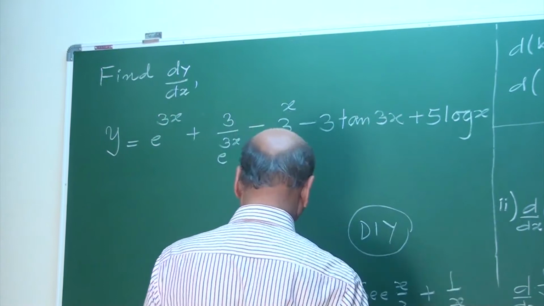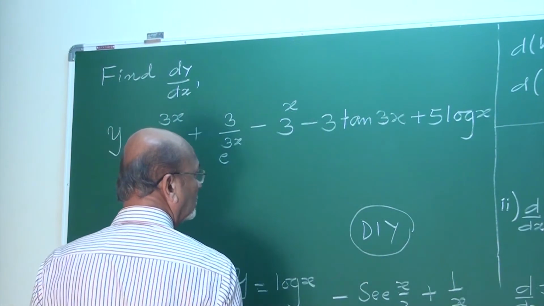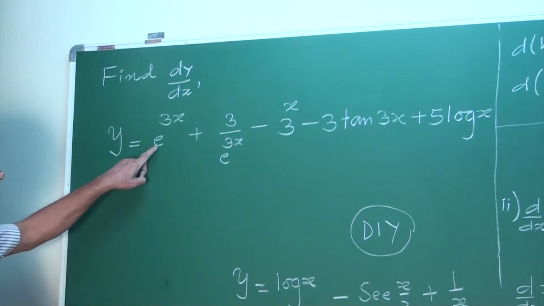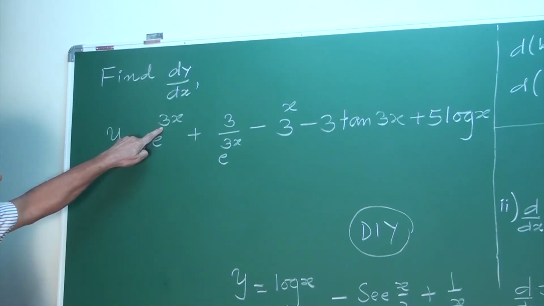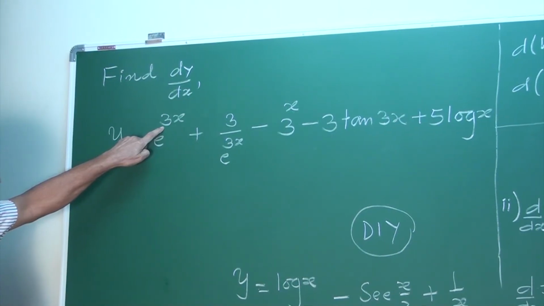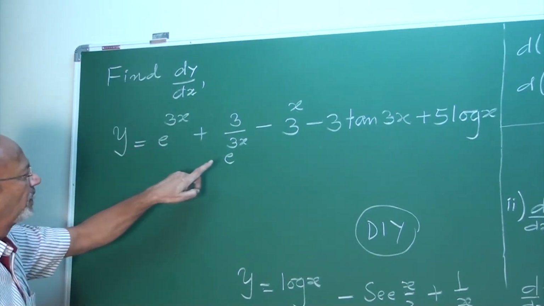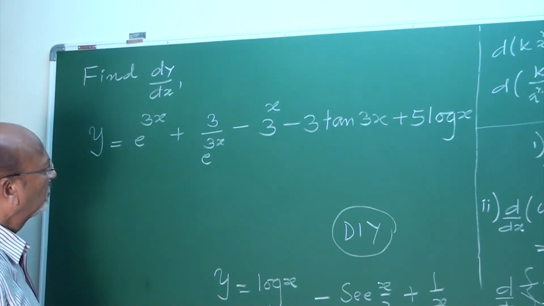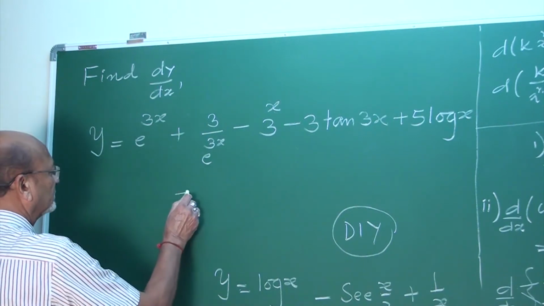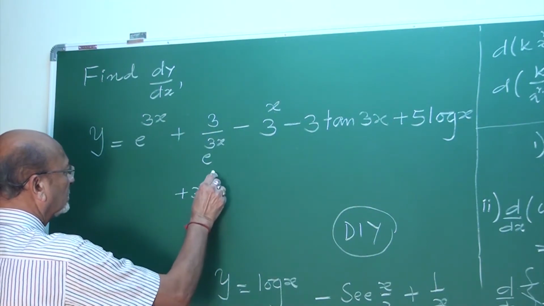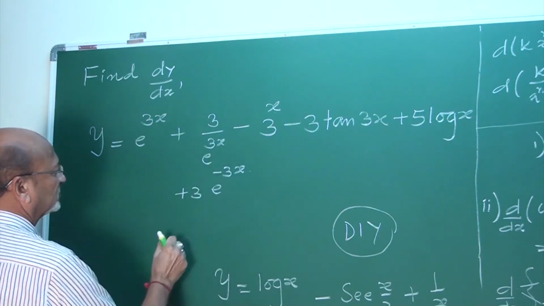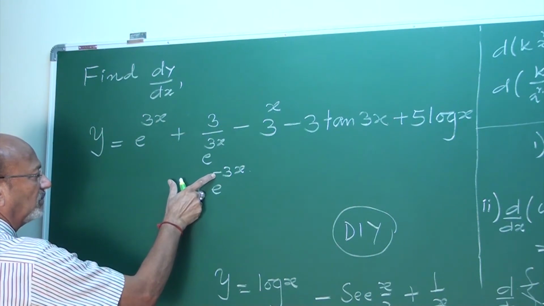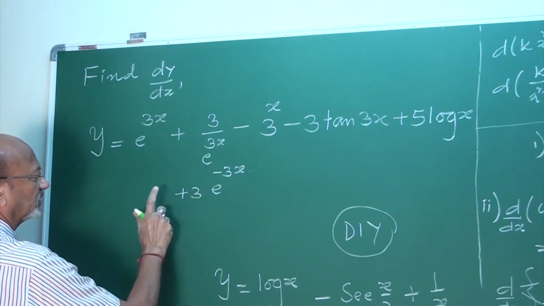I have not written the base. When the base is not written, understood, it is e. Just my friend, e to the power 3x, into derivative of the power, it is not x, right? The derivative of 3x is 3. If we lift this to the numerator, it becomes what? Minus e to the power 3x. We must write this as what? 3 into, lifting, minus 3x. Yes, friend, 3 into e to the power minus 3x into minus 3. Minus 3 into 3 is minus 9 it becomes.